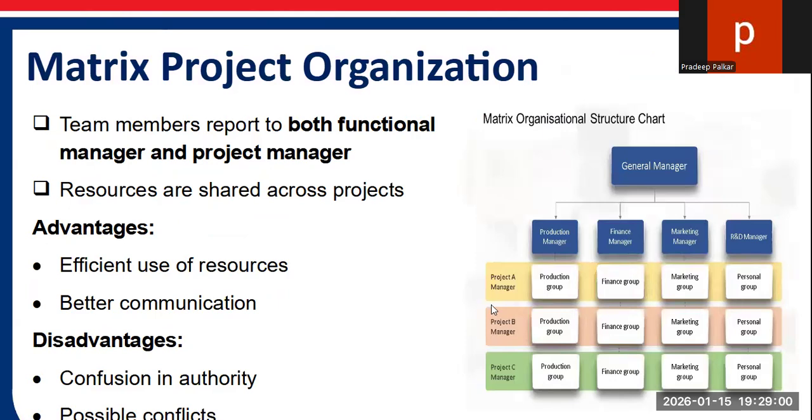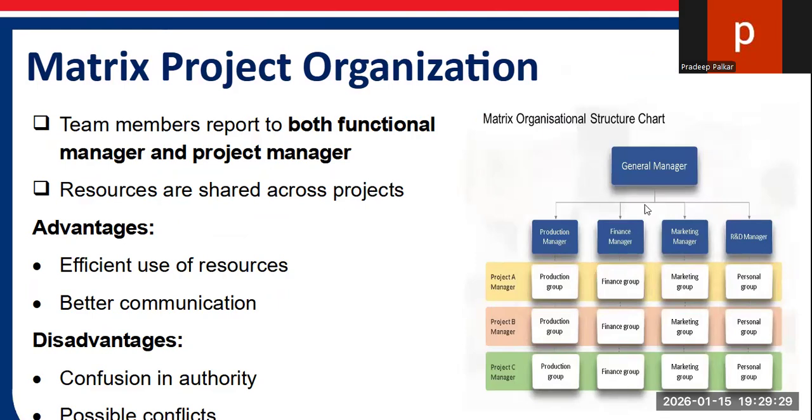See here, the team members report to both the functional manager and project manager, right? If any issue is created, the team member reports to the respective manager as well as their project manager. Resources are shared across the project.